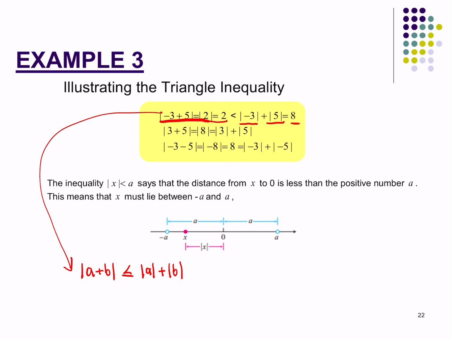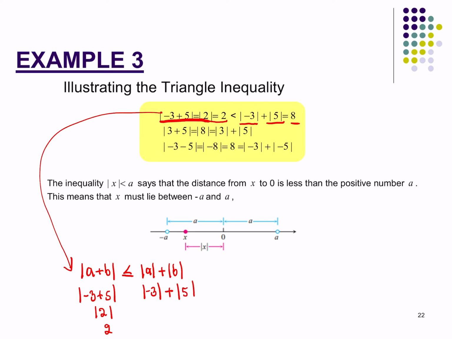So in this case, you have minus 3 plus 5, and you end up with the magnitude of 2, and the magnitude of 2 is equal to 2 on the left hand side of the equation. On the right hand side, we have the magnitude of a, so a in this case is minus 3, plus the magnitude of b, so b in this case is 5.